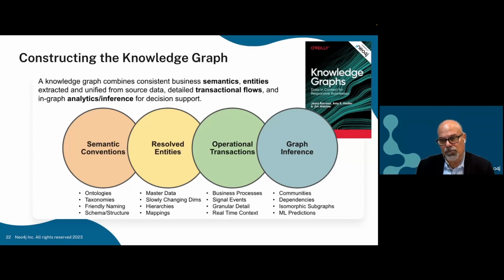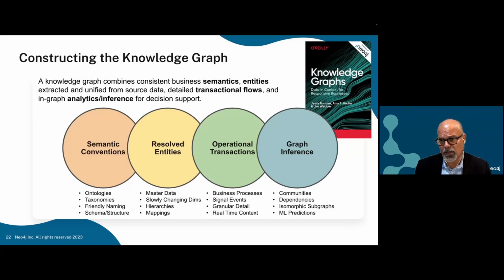Most of these graphs will have some layer of operational transactions. These could be things like purchase orders, waybills, even GPS signals giving location data of assets moving around the globe, and IoT-based alerts, maybe around manufacturing or a smart factory type scenario.